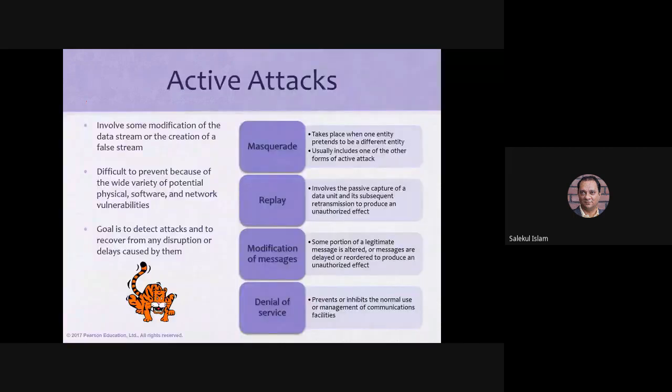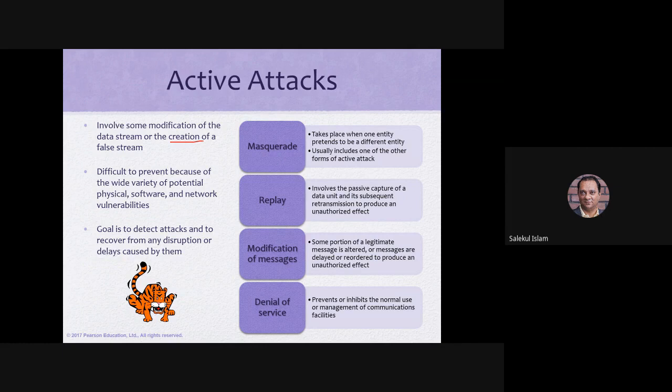So the active attacker is involved in some modification of the data stream, or maybe the creation of a false stream. Creation of a false stream means maybe Alice is not sending anything to Bob, but the attacker will send on behalf of Alice. The attacker is sending in the name of Alice.